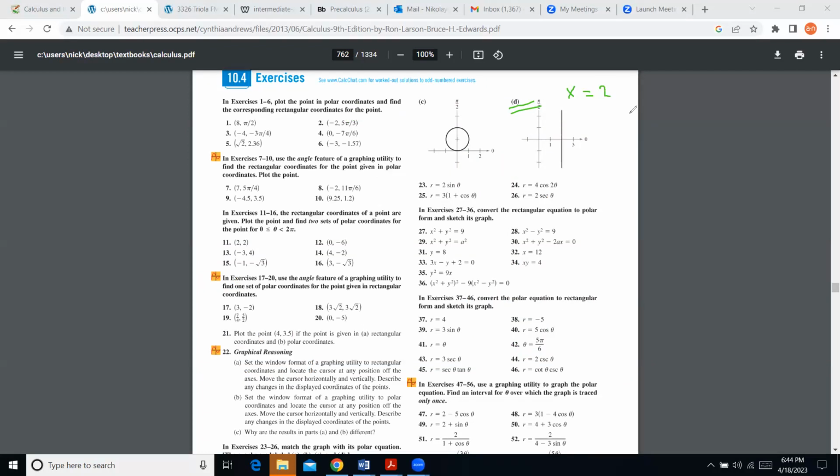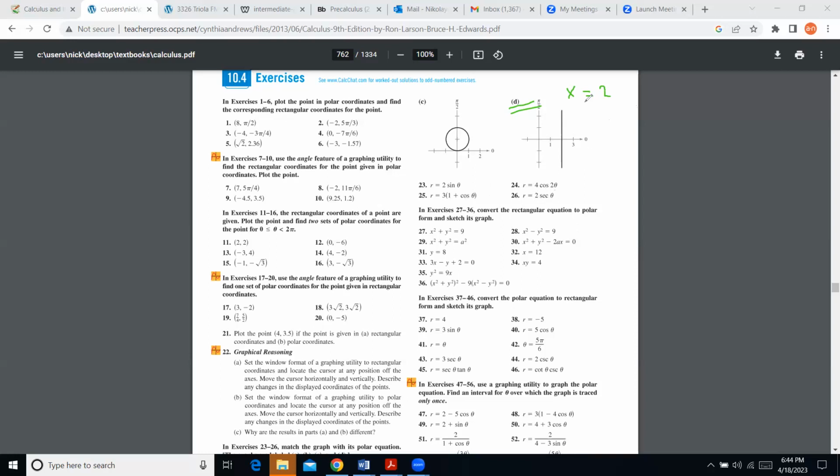And how could I try to describe this using one of the polar equations? Would I be able to do this or not?